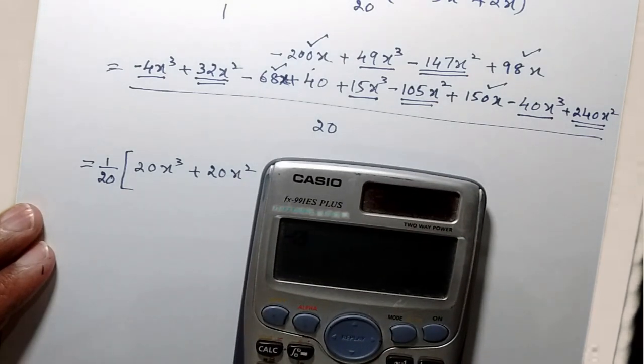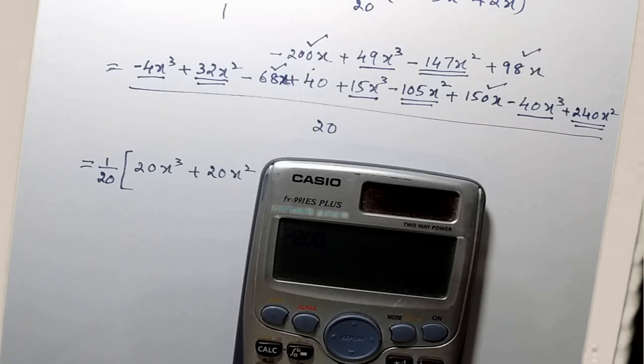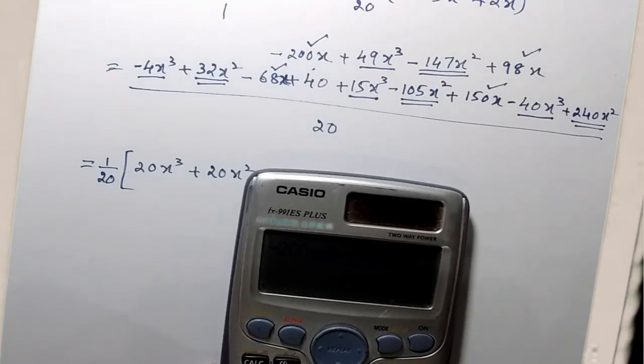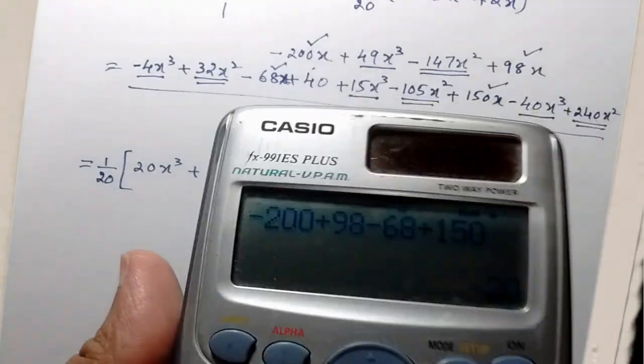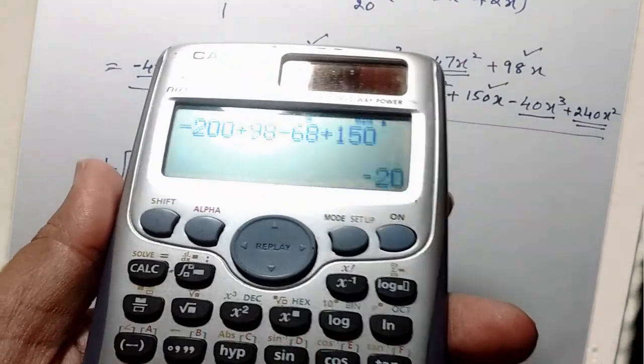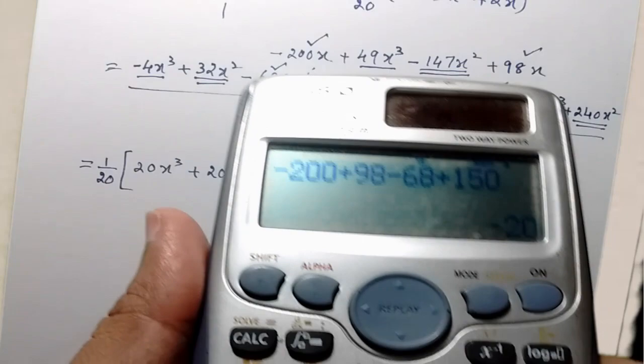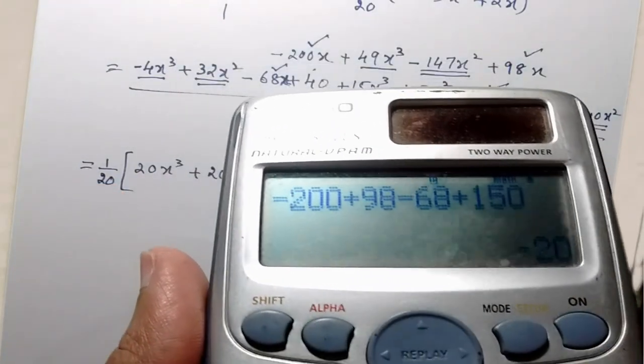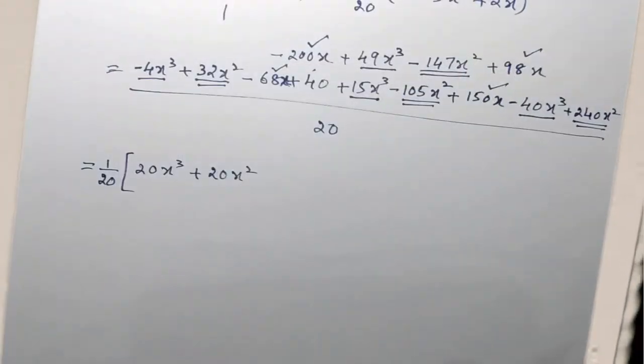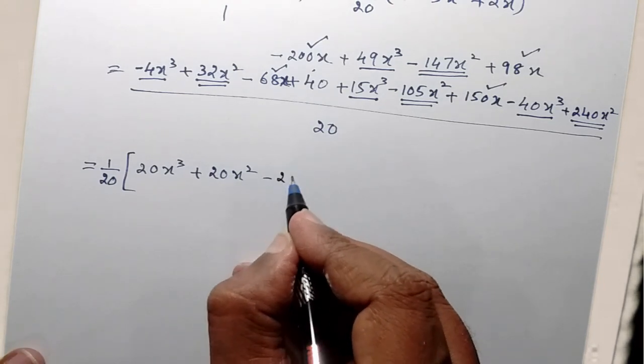It is minus 200, plus 98, minus 68, plus 150. I am getting the value to be equal to minus of 20, so it is minus of 20 x.